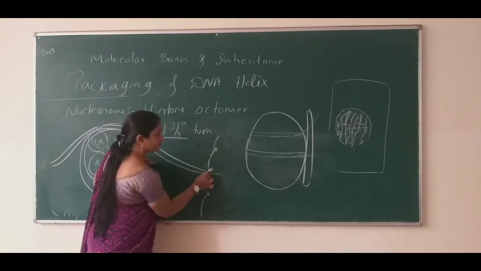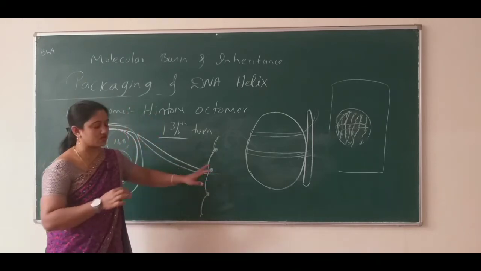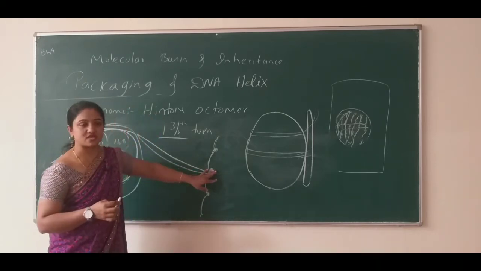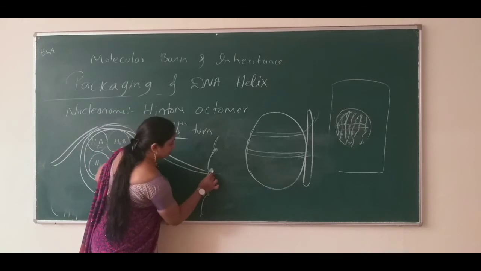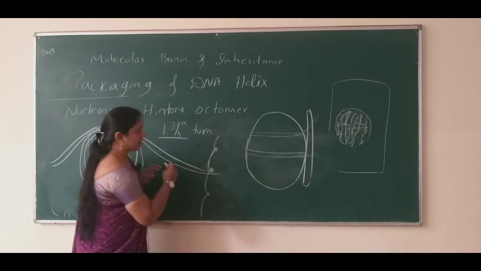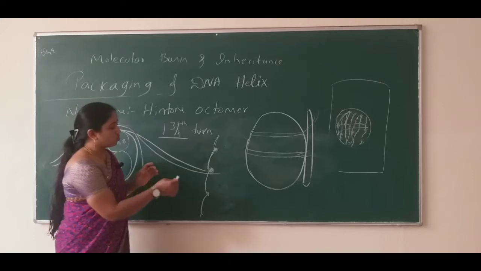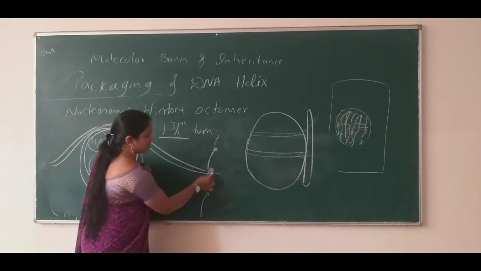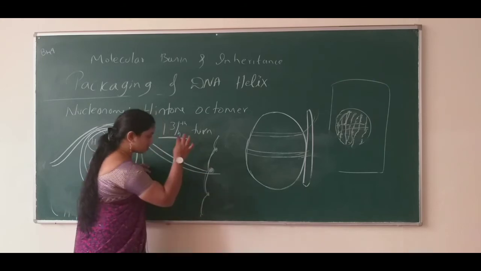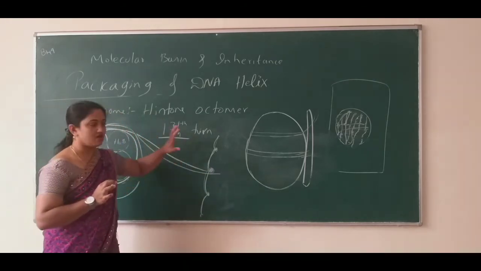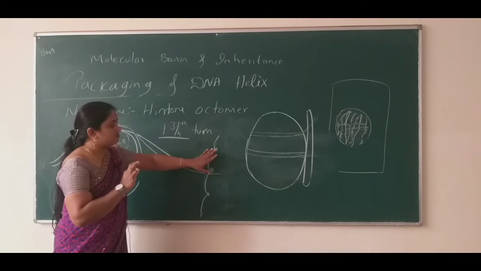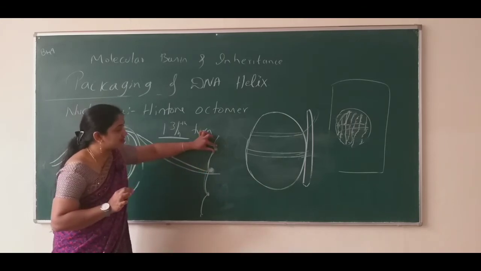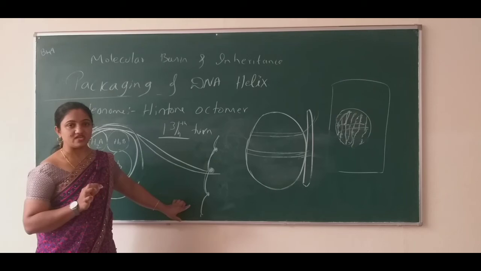Again, 4 more histone octamers, 8 histone proteins, are present. Again it is coiled around the histone octamer, takes 1 and 3/4 turns, and separates. Because of this we can observe a thickening on the chromatin fibers.